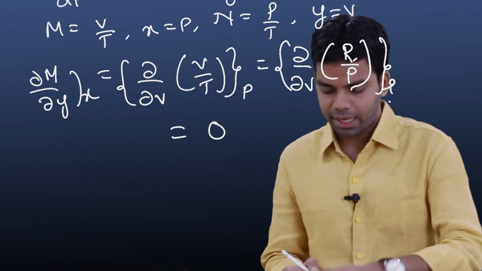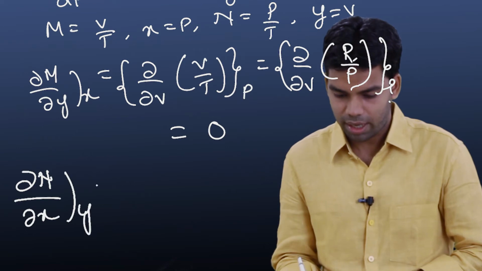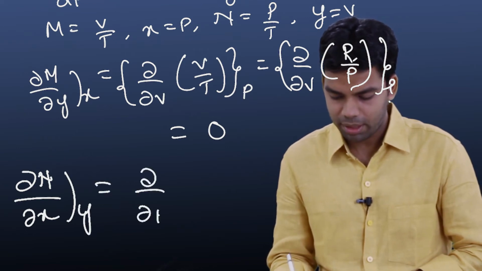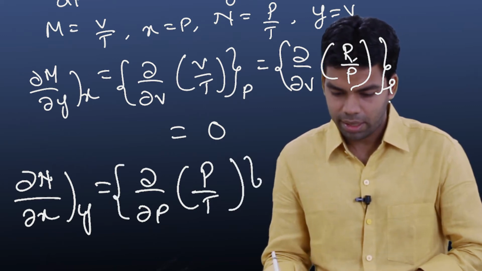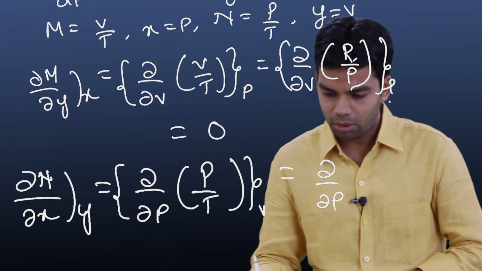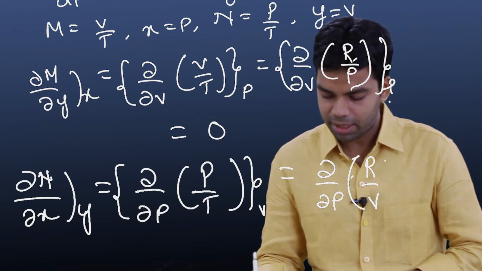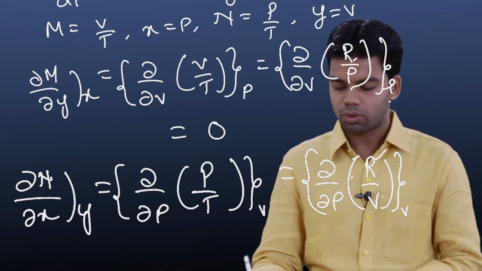Now, what about del N by del x at constant y? So, del N by del x at constant y will be equal to del by del P of P by T at constant V, or you can say del by del P of R by V, since P by T can be written as R by V at constant V. Now, again this R is constant, this V is constant.